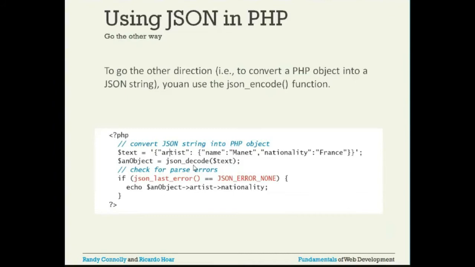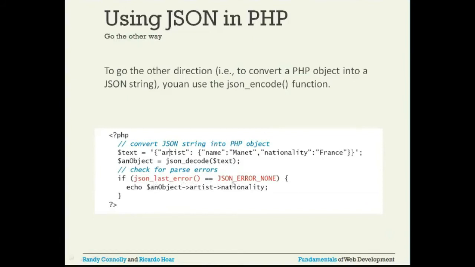Okay, and how to access that error? Using the json_last_error method. If you call this particular function, then if there is any error, it will return the error. Otherwise, it will return JSON_ERROR_NONE. So if there are no parsing errors, this value will be JSON_ERROR_NONE.